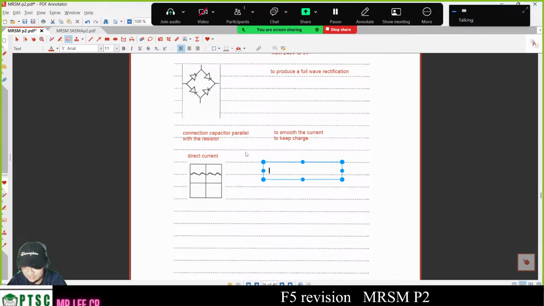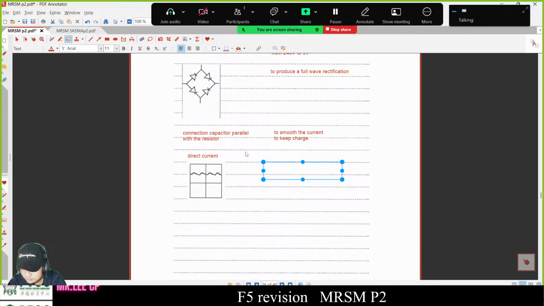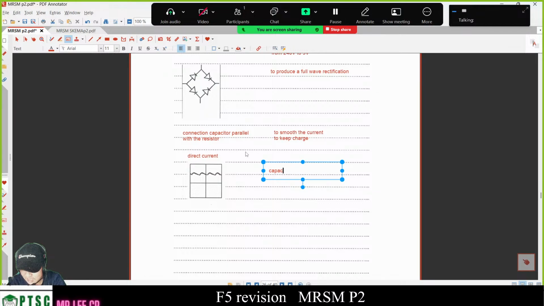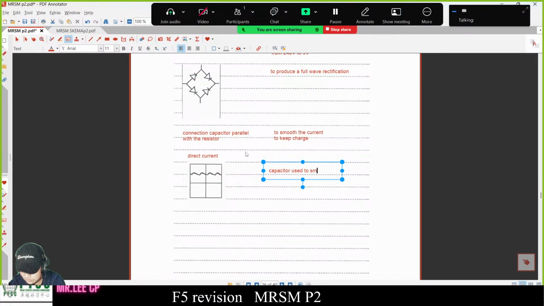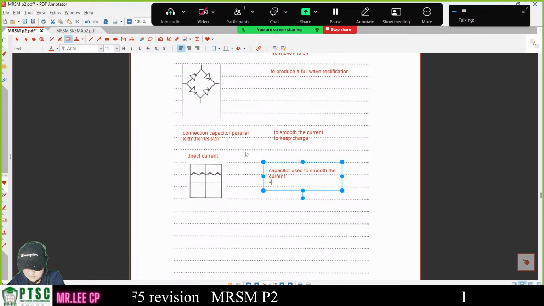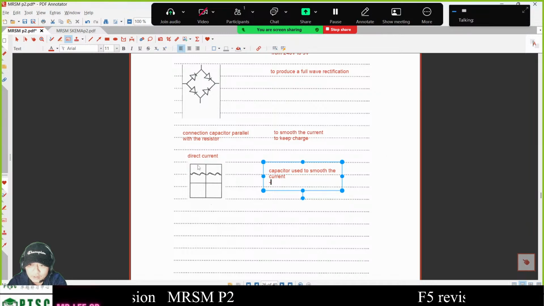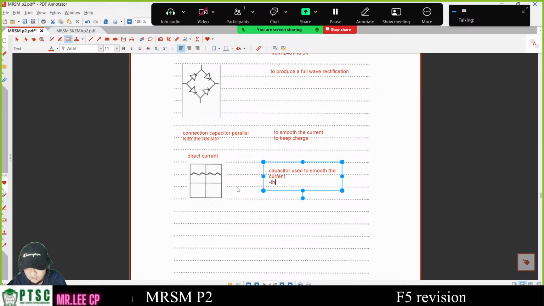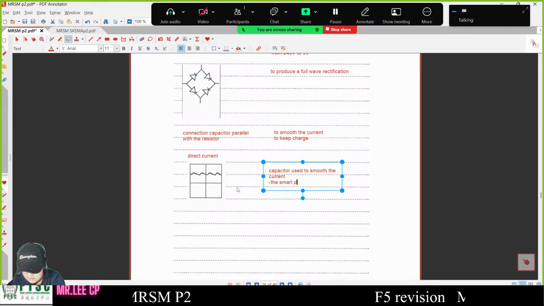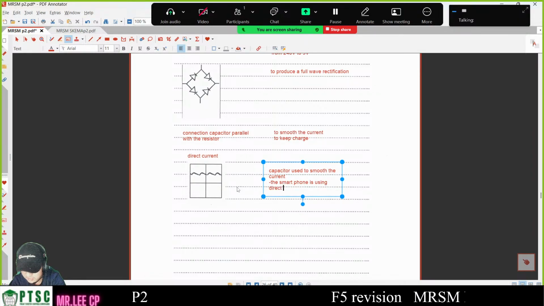So I try to write: capacitor used to smooth the current. And I explain more why it is direct current, because a smartphone is using direct current.